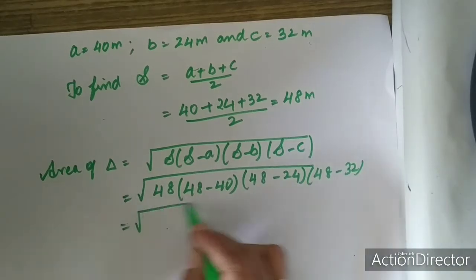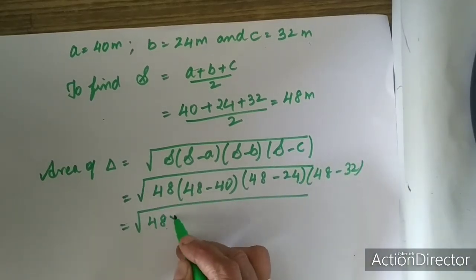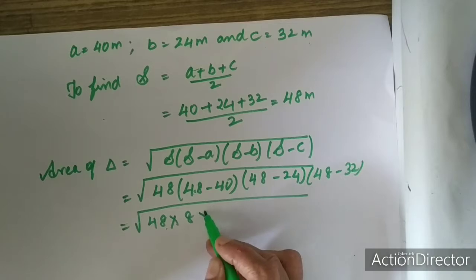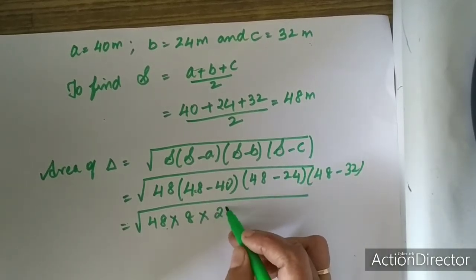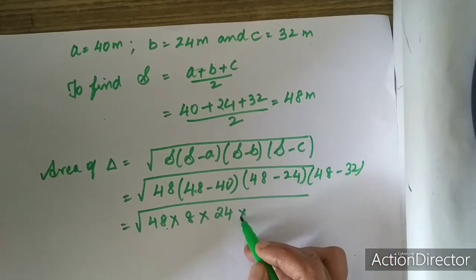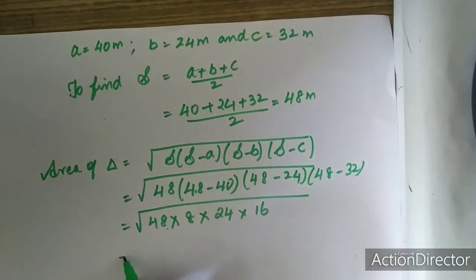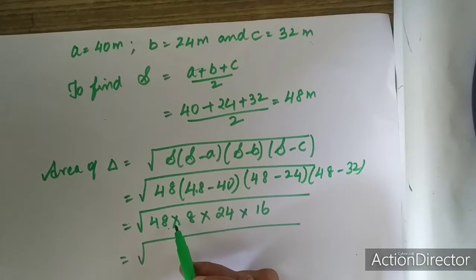So this is equal to under root of 48, 48 minus 40 is 8, and 48 minus 24 is equal to 24, and 48 minus 32 is equal to 16. Now this can be easily written.